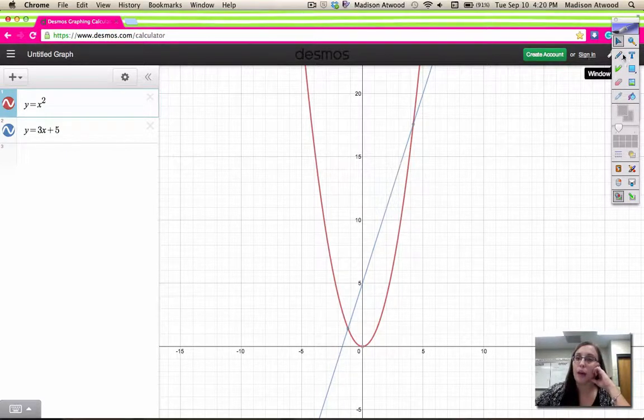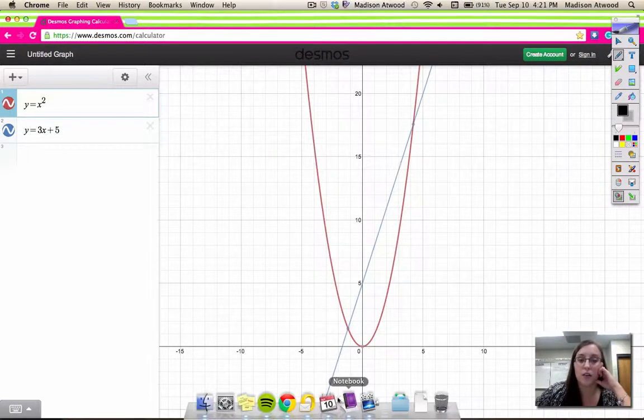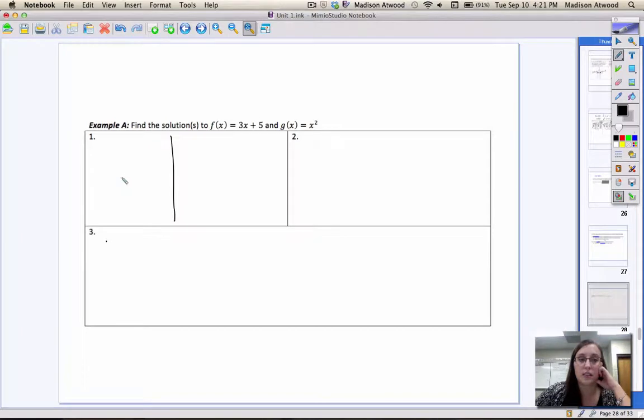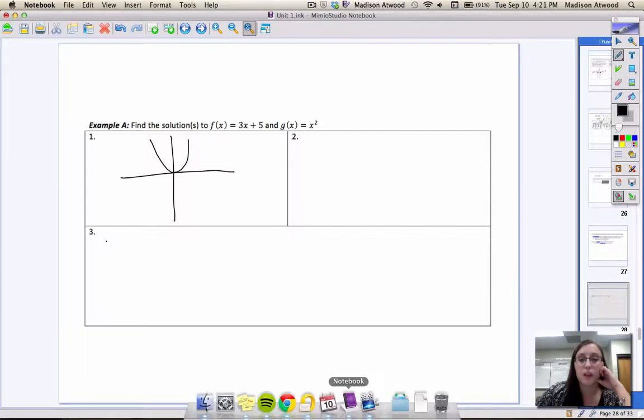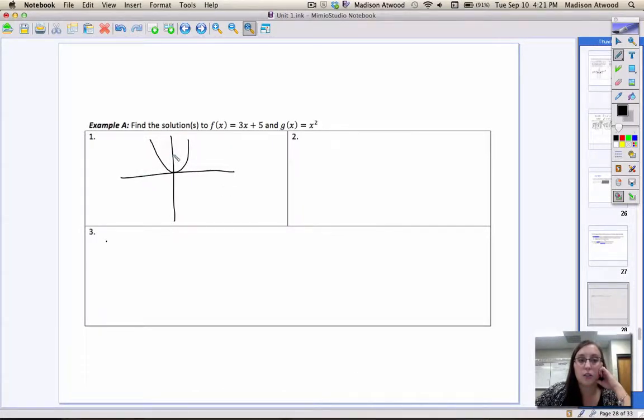And what I would do is I would just estimate where these are. So this one's at maybe 4, 17, and this one's somewhere around -1 and 1, maybe 1, yeah, 1. I'll round that down. So what you're going to do on this one, when I ask you to do it by technology method, is you're just going to draw a quick sketch to show me what you found. So I'm just going to sketch in the parabola as well as the line, which intersects somewhere up here, and it kind of goes like this, and then I've got my 2 points of intersection, and then you're going to label those 2 points with the estimates that we had said.